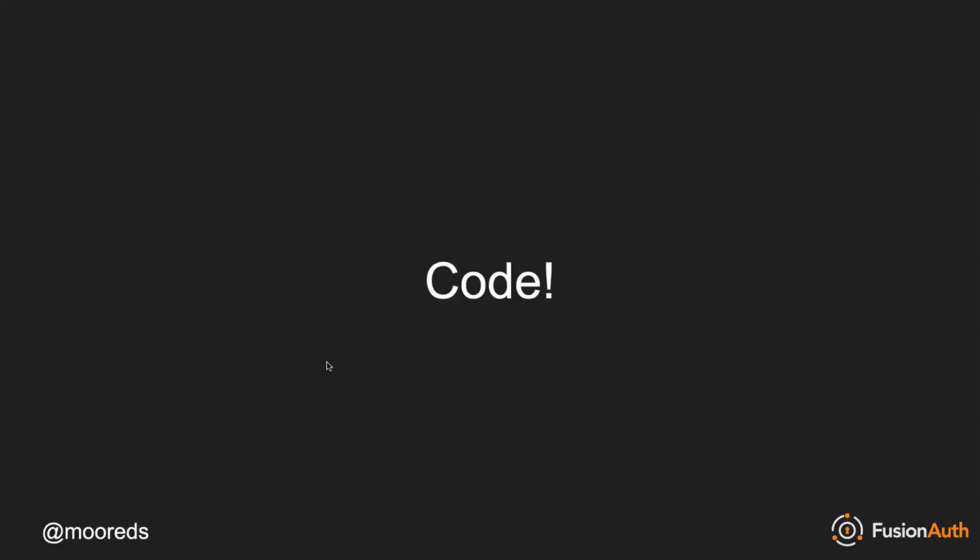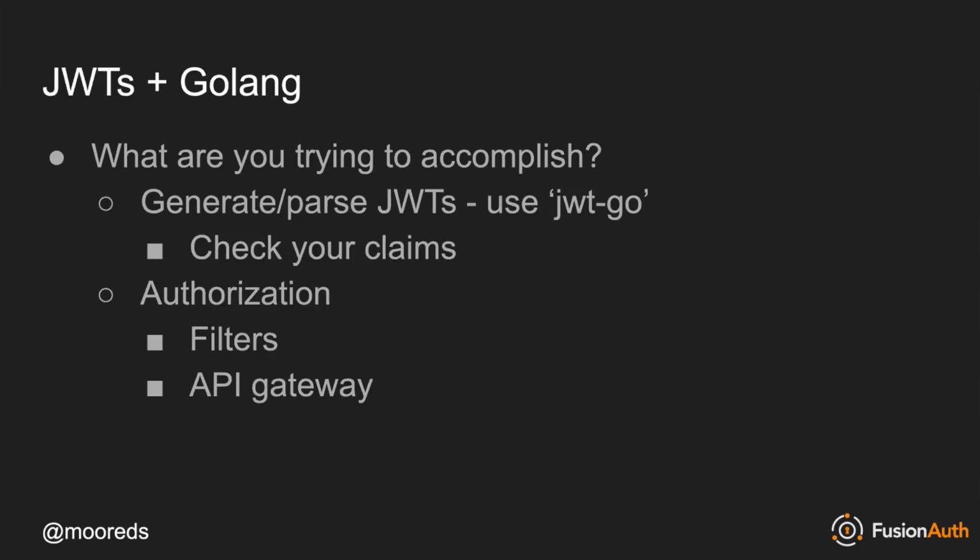And again, there's a link in a slide or two. So as far as thinking about JWTs and Golang, what are you trying to accomplish? If you're just trying to parse a JWT, then I would use a library. JWT Go is great. Again, make sure you check your claims and make sure you check the expiration claim especially.